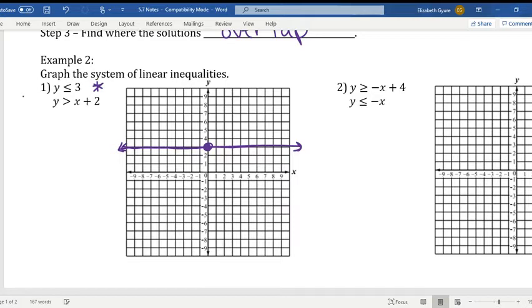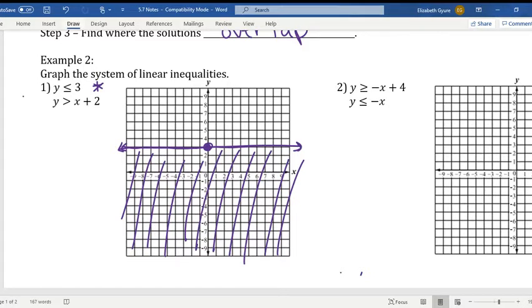Okay, now I need to decide where to shade. This is less than, so remember, less than, we think smaller. Do you think our smaller numbers are going to be above our line or below our line? Below the line, very good. So we're going to shade below our line here.